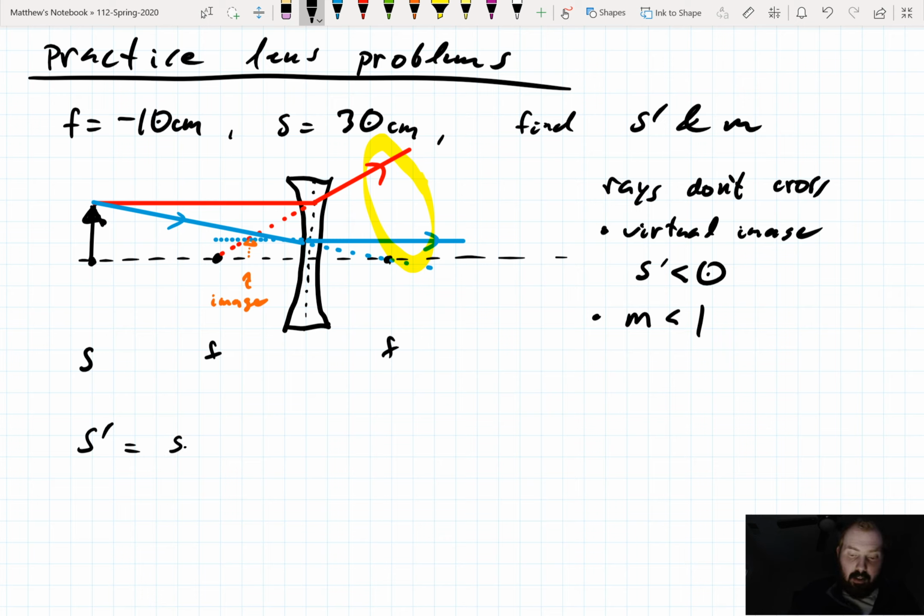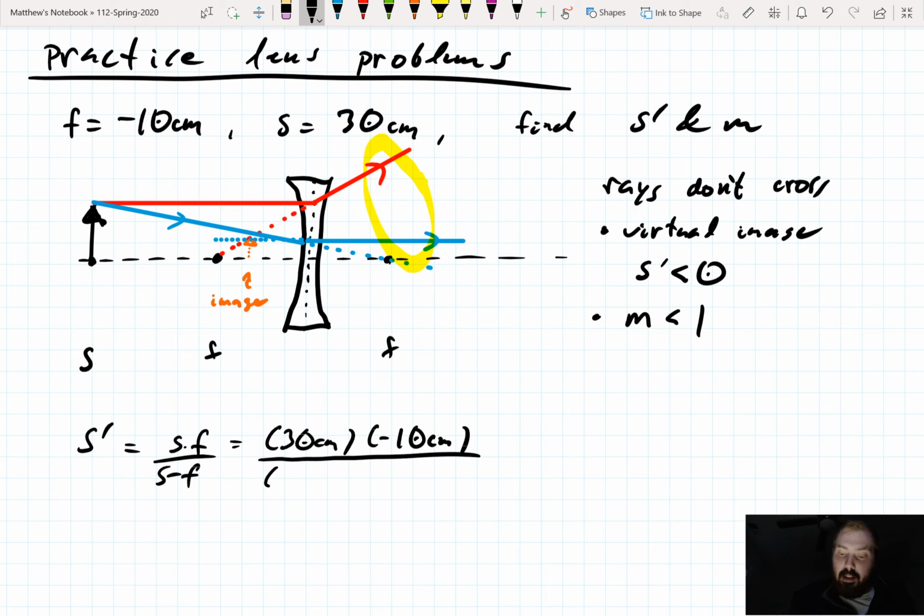It's going to be SF over S minus F. S is 30 centimeters, diverging lens, F is minus 10 centimeters. 30 centimeters minus, minus 10. So I get minus 300 over 40.